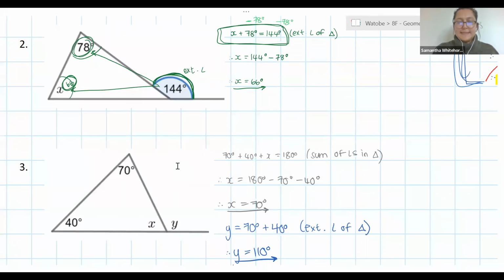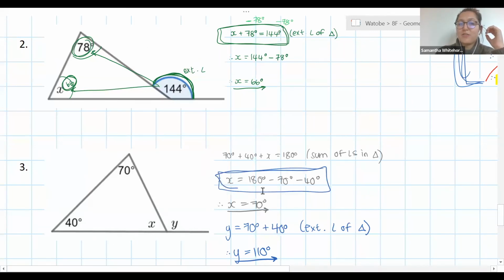I think that's question 3, Teacher Sam. Yeah, sorry, I thought you said question 2. So be careful. X isn't equal to 70 plus 40, but if you said that X is equal to 180 minus 70 minus 40, that's okay. If you've put this as your first step, that's fine. But X isn't equal to those two added together. It's all 3 of them added together that give me 180. Okay, good.